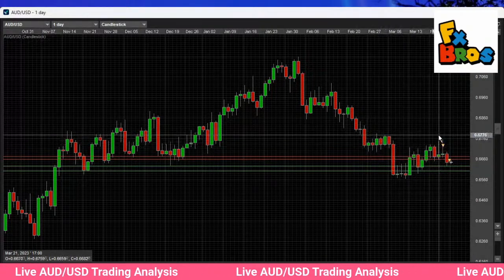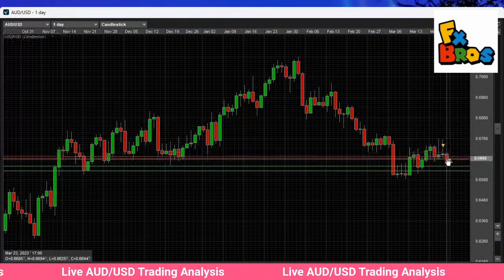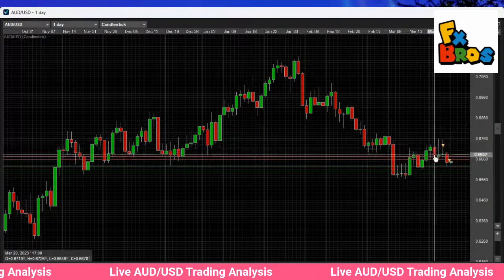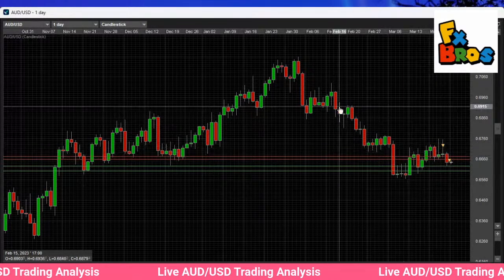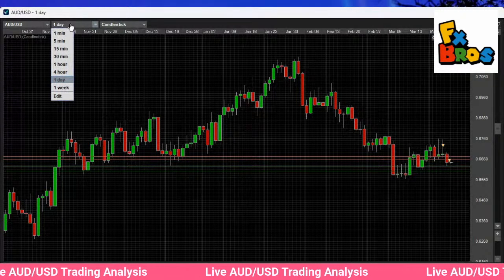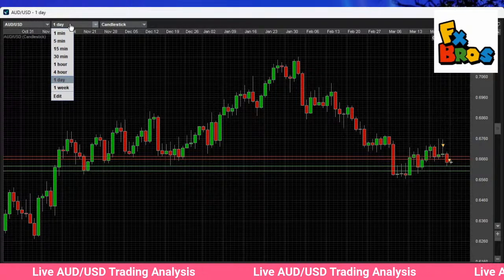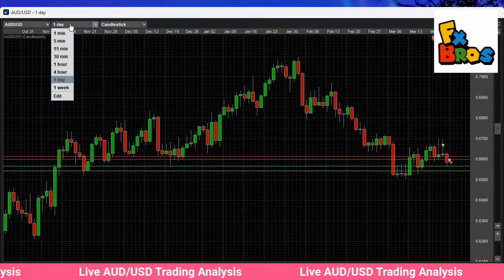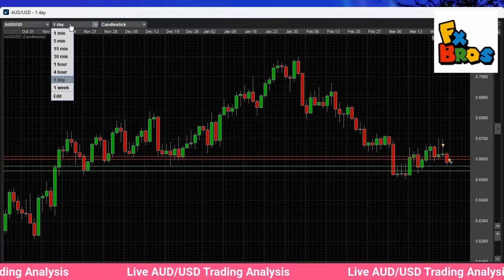Ultimately it rejected this old consolidation area, and not only did it reject it, but it created a color change engulfing setup on the daily, following a previous engulfing setup on the daily that we see here on the 21st. So we are continuing with trend for the bears. And if we take a step back and think about the fundamentals, with the market increasing the interest rates, that's going to strengthen the dollar.